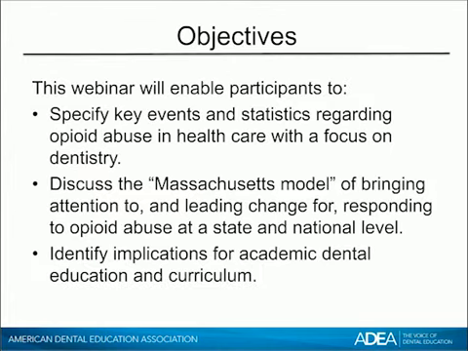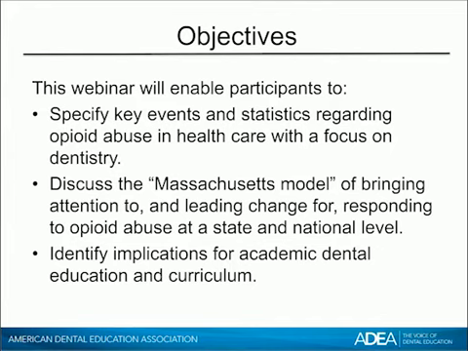So to go over today's objectives, we have several things that we'd like to have you all walk away with today. There's three different areas. The first is we want you to understand the key events and statistics regarding the opioid epidemic, specific to dentistry, but also nationwide and within the whole healthcare system. Second, we'd like to discuss the Massachusetts model. Again, the reason why we have all three schools represented from Massachusetts.